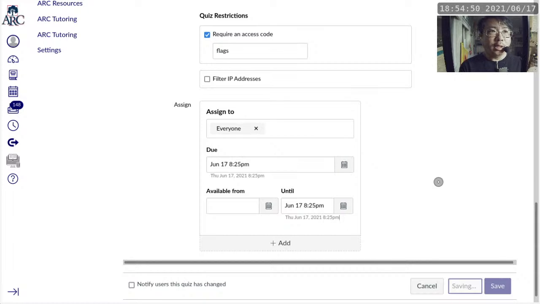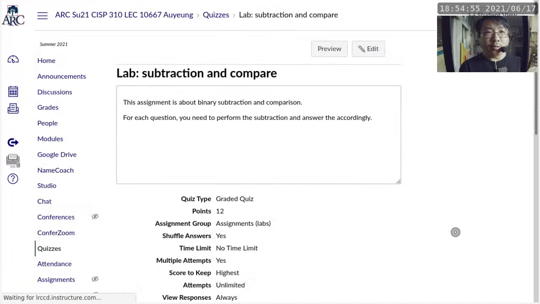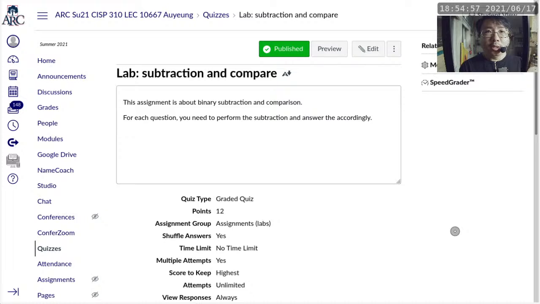So if you don't get a perfect score the first time and you have plenty of time left, you can go ahead and try again. I think this one is not super complicated, but it does go back to the topic of subtraction and compare. So you can still look up the notes and use that to help you.